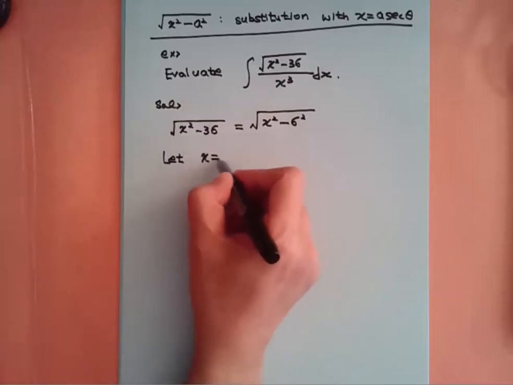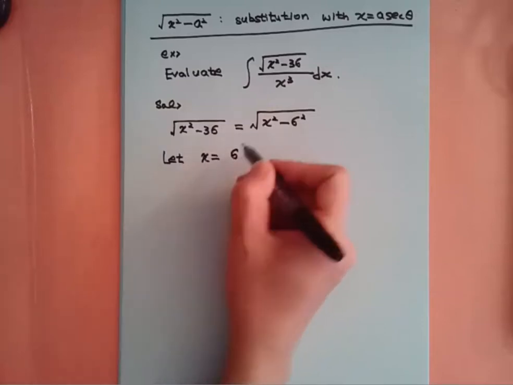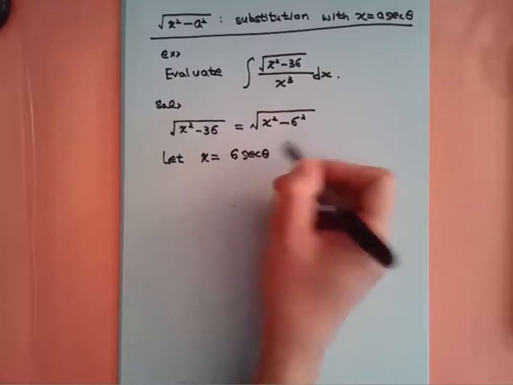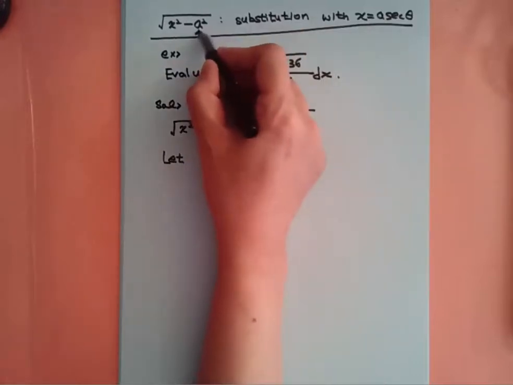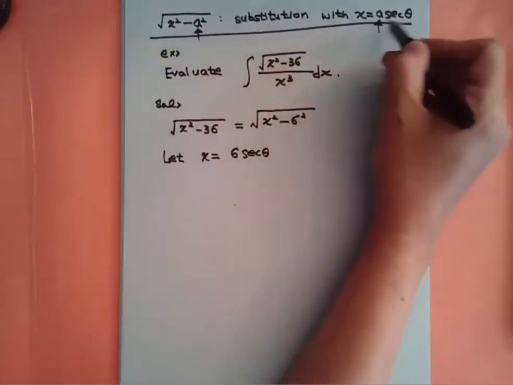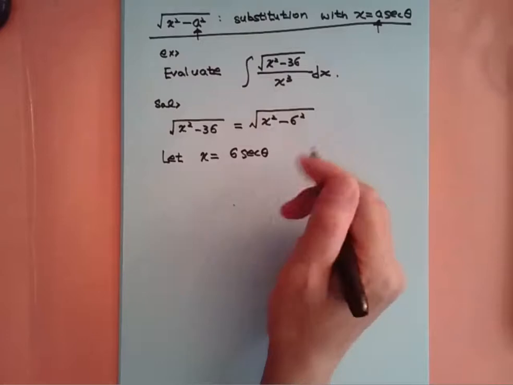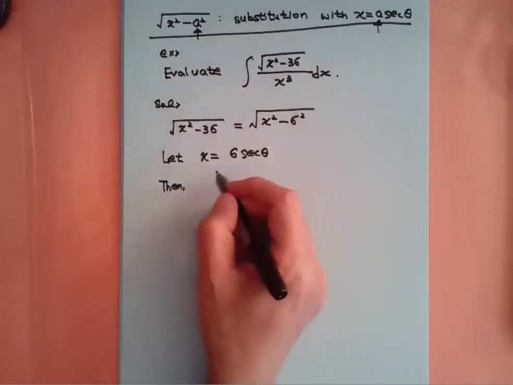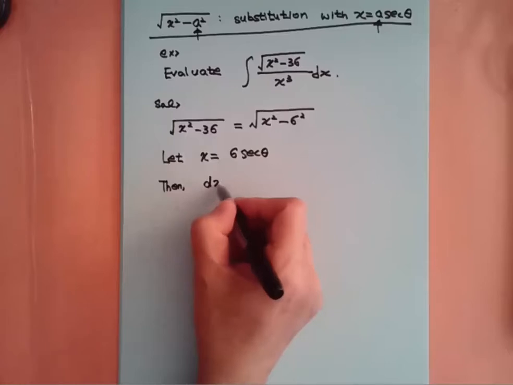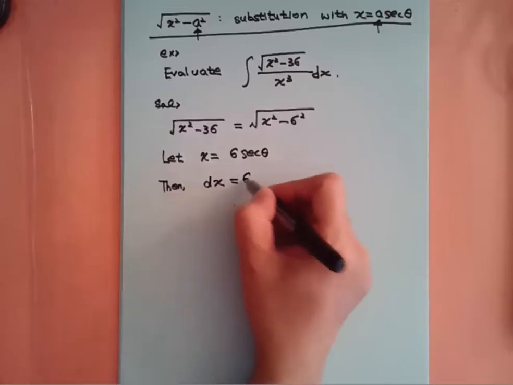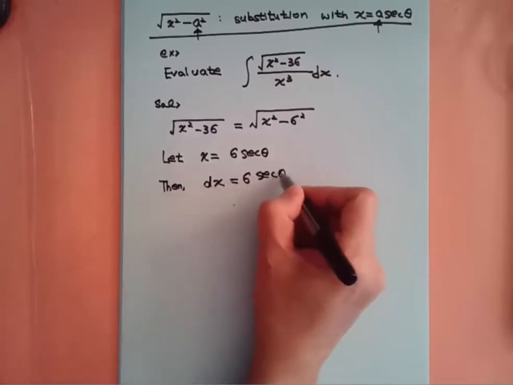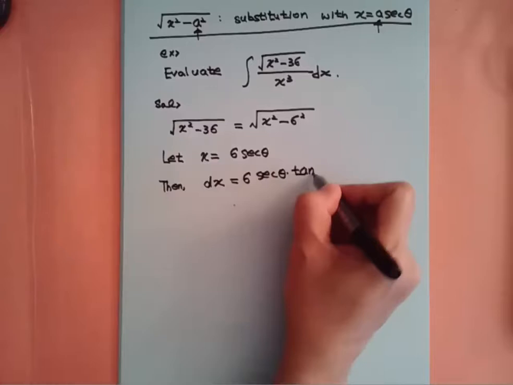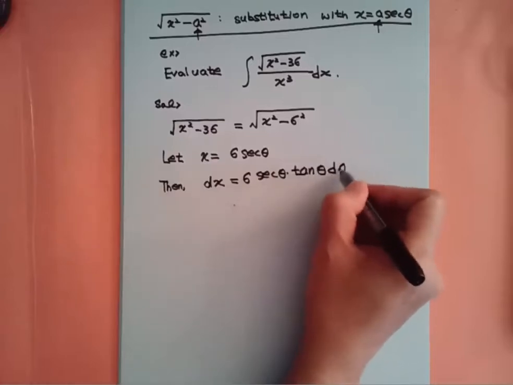Let x equals 6 secant of theta, because this will be written in front of secant. Then we know that dx equals 6 times secant theta times tangent theta d theta.